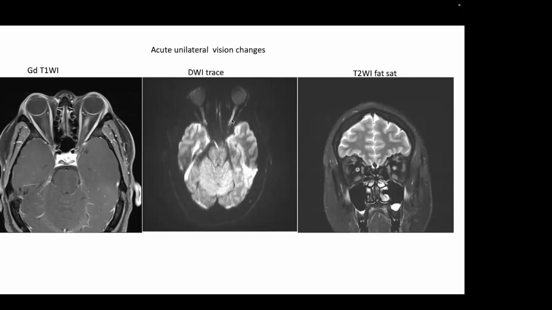But when they have single eye blindness, you can be pretty sure the lesion is going to be pre-chiasmatic, that is between the optic chiasm and the posterior globe. So look carefully at the optic nerves in those cases. And of course, you do need some specialized sequences to look at the optic nerves, namely fat suppressed post-contrast imaging, and you need to have fat suppressed FLAIR, T2, some sort of technique like that.